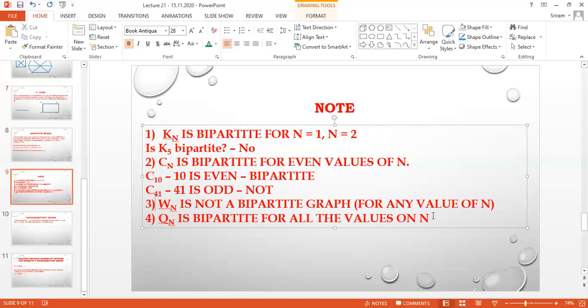On the opposite, the cube graphs, for all values of n, are bipartite. So if you remember this slide in the exam, you can write the answers for bipartite graphs.